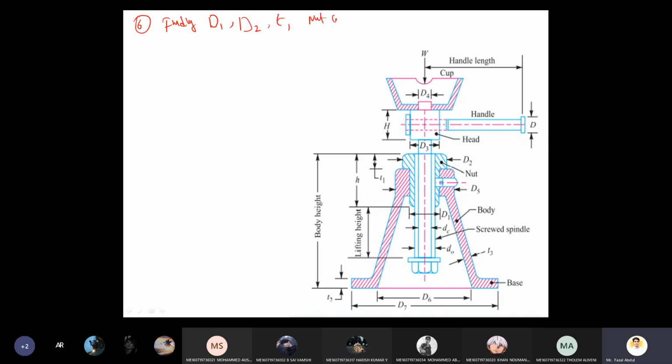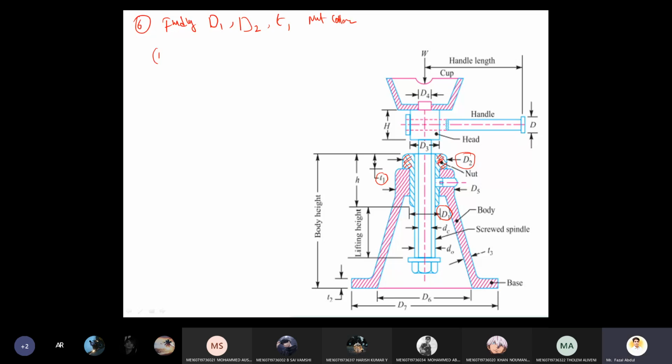So where is the nut collar? This is the nut collar. For this nut collar, the dimensions are D1, here you can see D2, and here you can see T1. These three parameters we are calculating now.